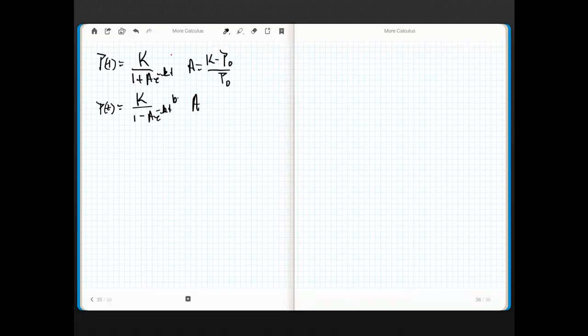But a equaled P naught minus k over P naught, which is exactly the same thing as negative times k minus P naught over P naught, right? I could divide that negative through and end up with a negative a. So really, these guys are equivalent.